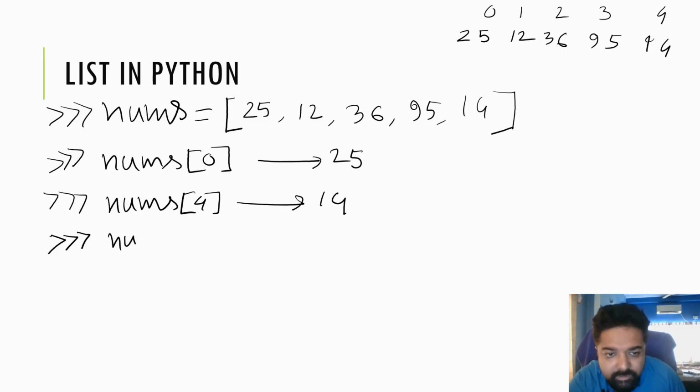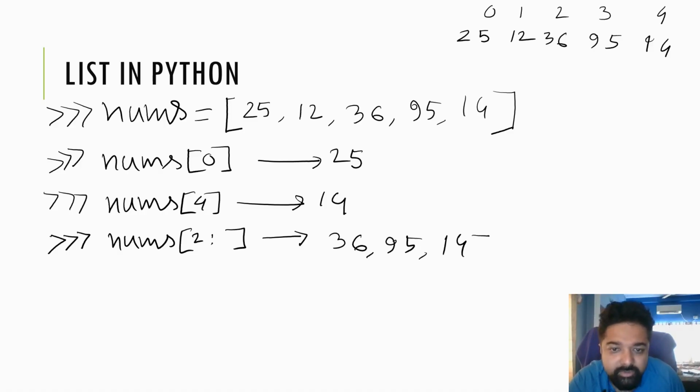If I write a slice, it will print from 0, meaning from 25 and 14 this way. After the 0th element and 1st element, from the 2nd element it will print like this.